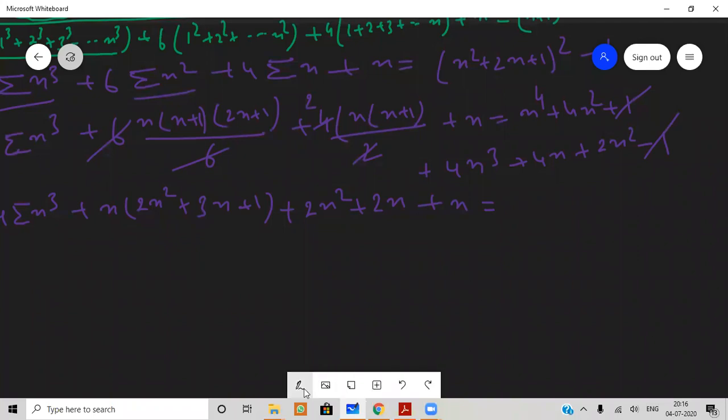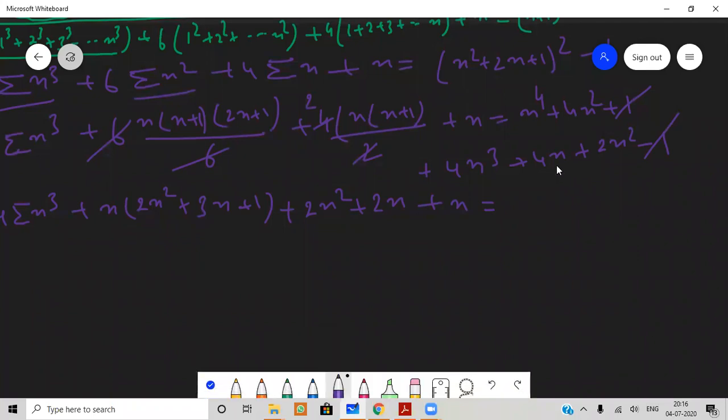This thing is n to power 4. How many n cube? 4n cube. How many n square? 4 and 2, that is 6n square plus 4n.